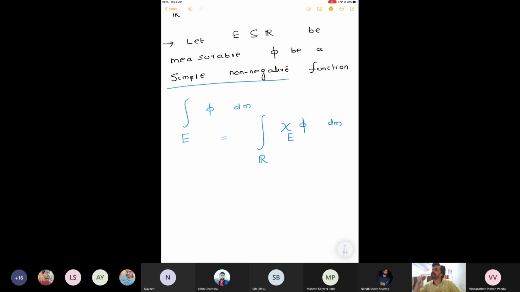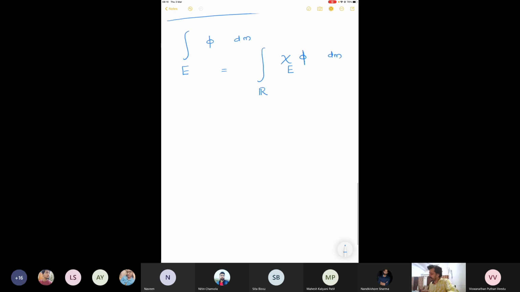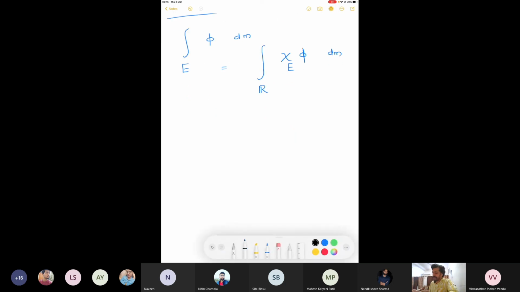So that we have to prove at each stage. Now we have defined the integral only for non-negative simple functions, so you have to prove that the integration you have defined is linear. So that's what we are going to do today in the beginning. So the following theorem.